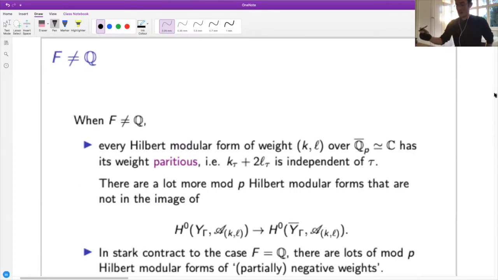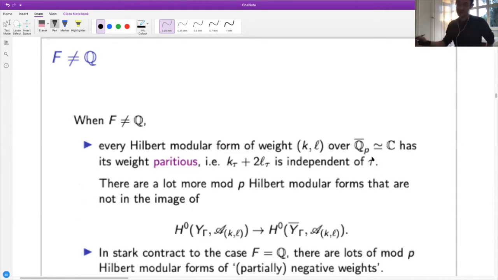So what is the fuss? Well, when F is not Q, it's a standard fact that every Hilbert modular form of weight (k,l) over Q_p bar, or characteristic 0, would have to have parallel weight, in the sense that k_tau plus 2 l_tau is independent of tau.